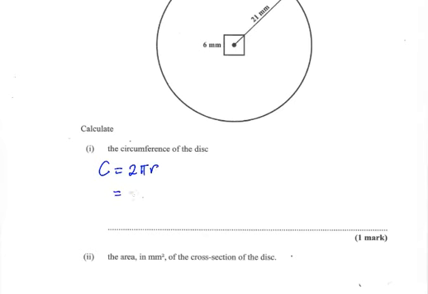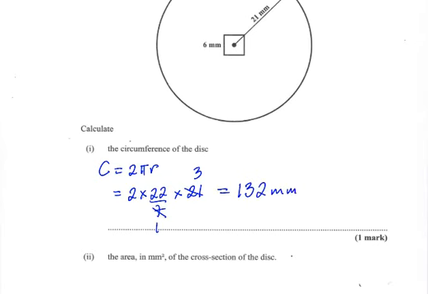So this is equal to 2 times 22 over 7 times the radius, which is 21. Alright, so 7 into 21 goes 3 times. So this would be 2 times 22 times 3, which works out to be 132 millimeters.